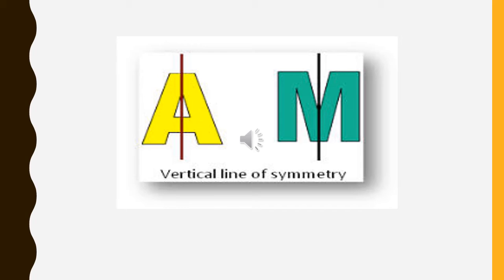In capital A and capital M, we can divide these two letters equally with a vertical line. With the vertical line of symmetry, alphabet A can be divided equally in two halves, and alphabet M can also be divided equally in two halves.